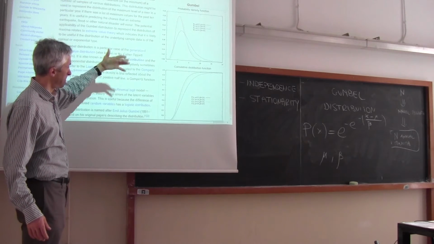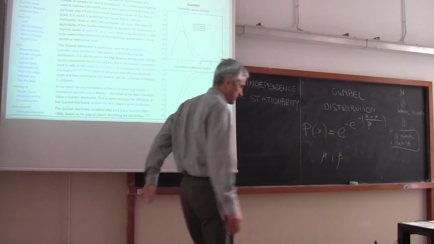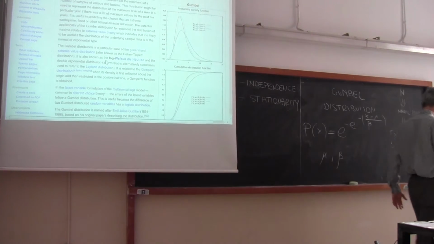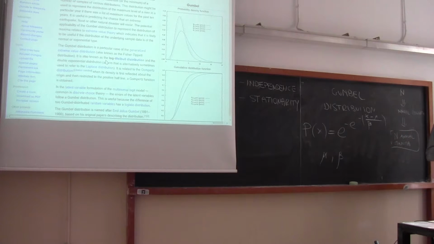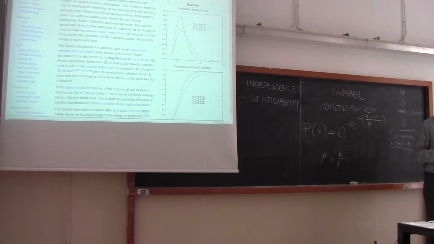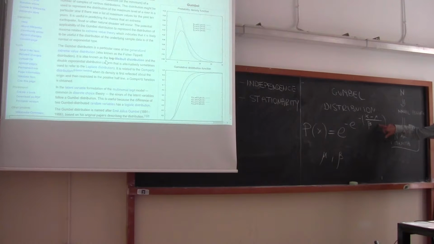And here you can see the integral. Okay, now, what is the next step to use this distribution? We have two steps now. To estimate the parameters, mu and beta, this is the first one.